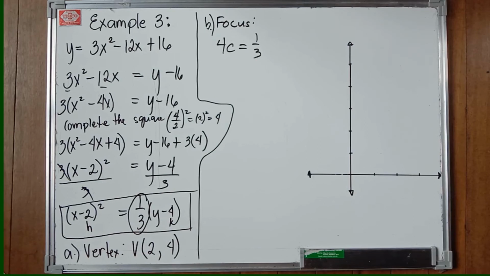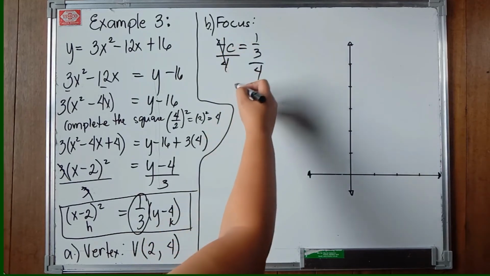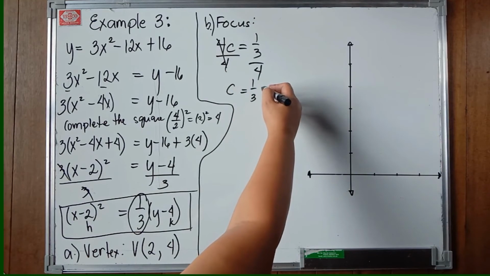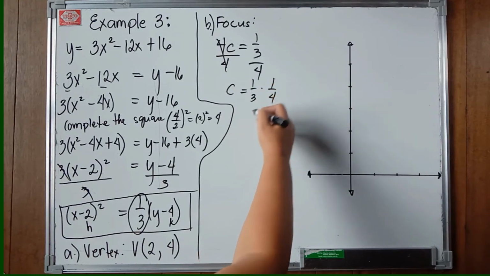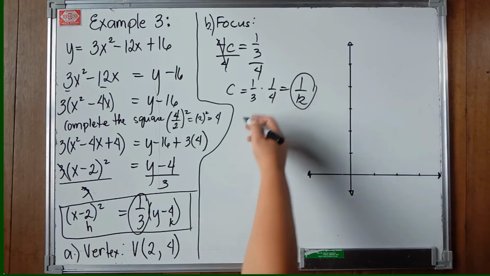Nga pala, from our standard equation, we can determine that our parabola opens upward, since the formula is resembling our equation. So, we will divide both sides by 4. So, our c is 1/12.